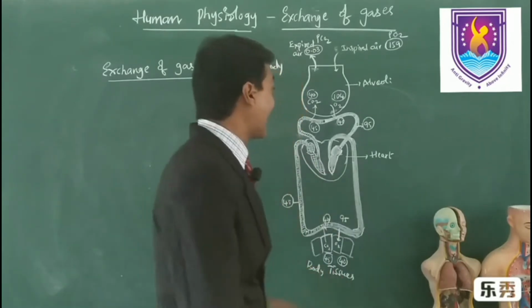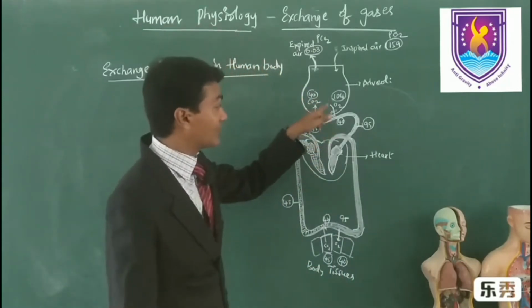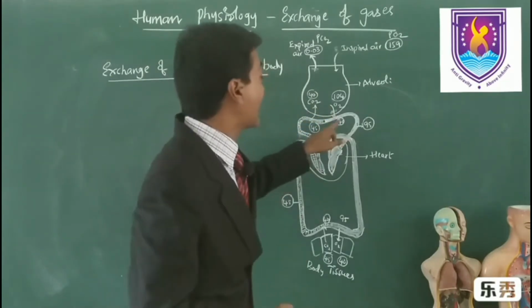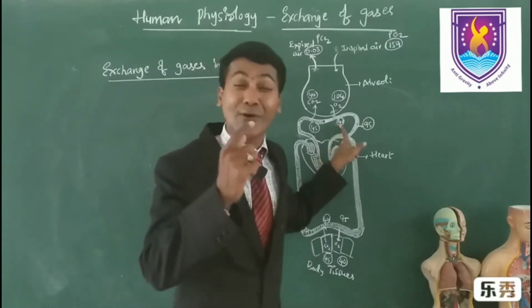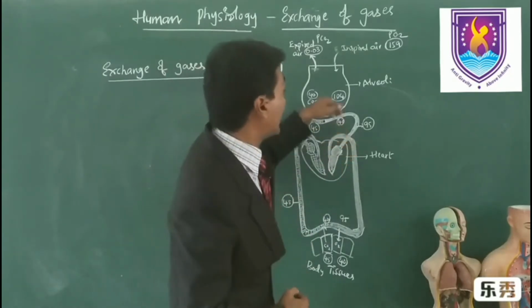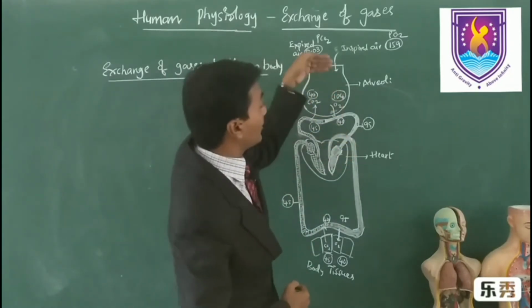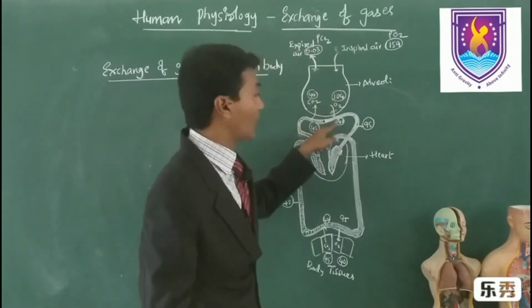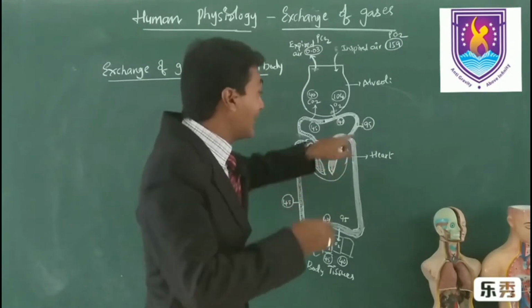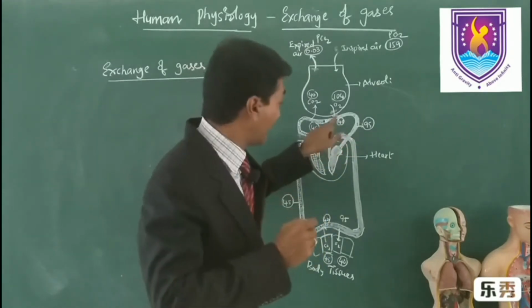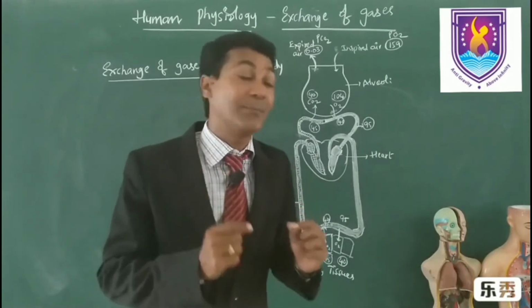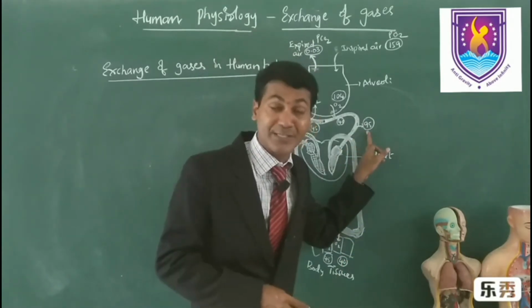Clear? Then the capillaries which reach the alveolus possess oxygen at a pressure of only 40 mm of Hg, so oxygen moves from the alveolus to the blood capillaries because it is higher to lower. Once oxygen enters the blood capillary, the partial pressure of oxygen in the blood becomes 95 mm of Hg.